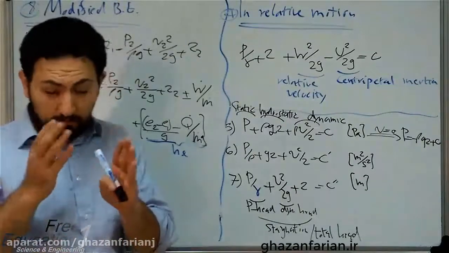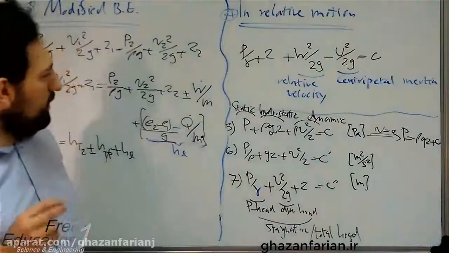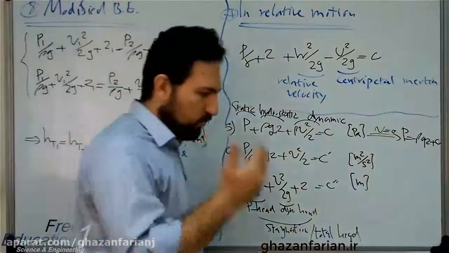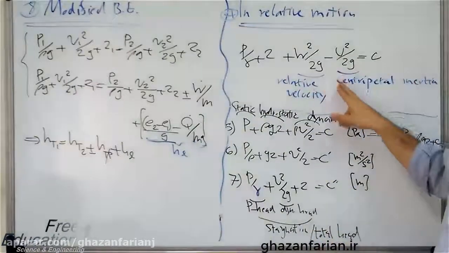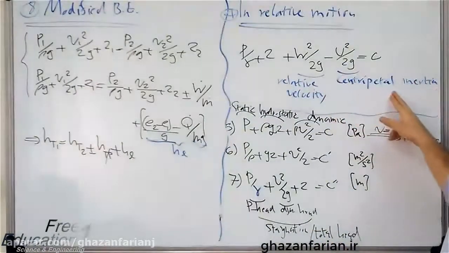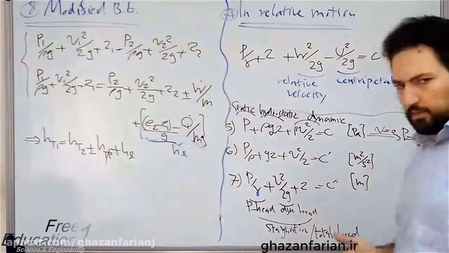If the angular velocity of rotation of the pump reduces, the magnitude of the centripetal inertia or the centripetal acceleration reduces.